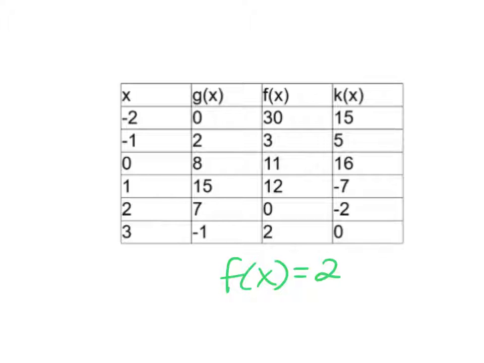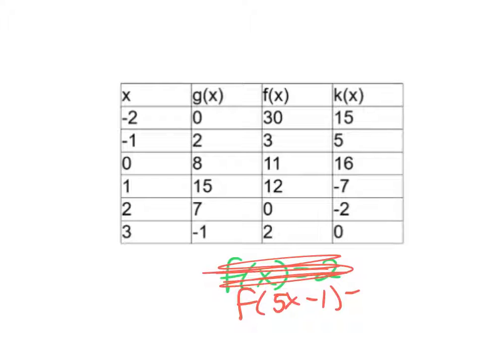All right. Now we're going to do one where the difficulty level steps up from even the low B students, who could probably handle that one. But how about this one? What if I say f of 5x minus 1 is 30?